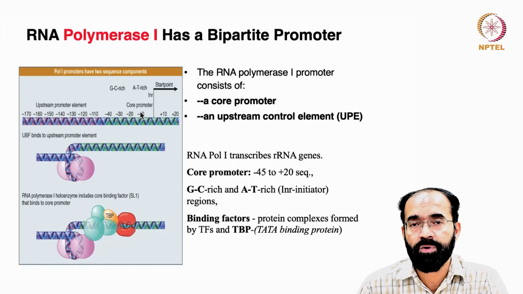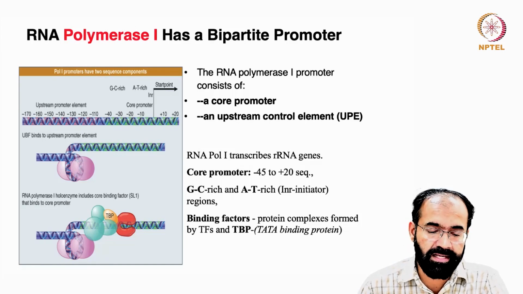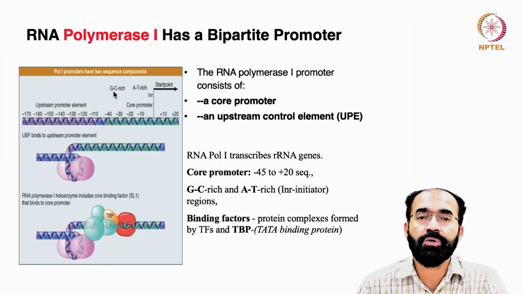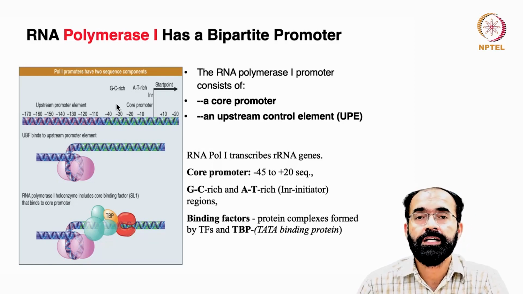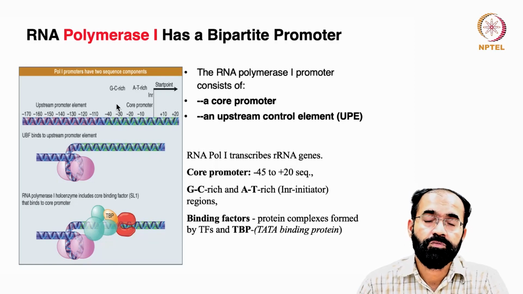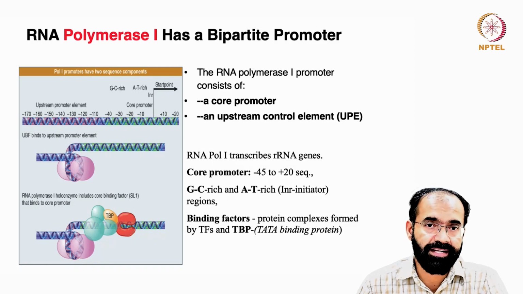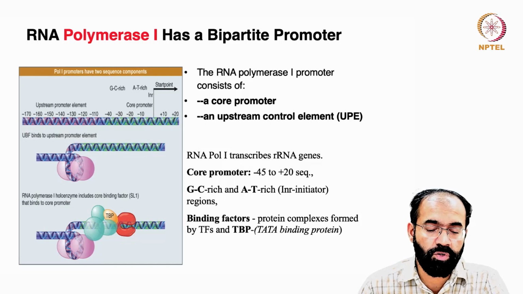An AT rich region in the promoter allows the separation of the DNA strands much more easily. And immediately upstream you have a GC rich region, and the reason is quite obvious, because a GC rich region does not allow further opening of the bubble. You don't want it to fall apart, so you want to have some strength. So upstream of the AT rich region you have a GC rich region, so that it does not get opened up further.